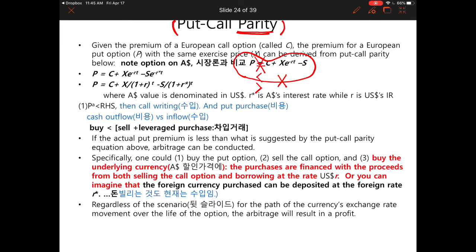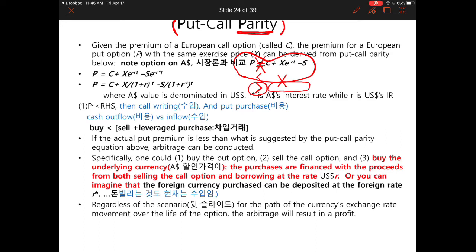And then I'm going to go over this one, where the put premium is bigger than the whole right-hand side value. And also I can find the contradiction or market adjustment. That's what I'm going to show you. Once I show both directions, I can derive the result that this equality always holds in the market. That's what I'm going to do.